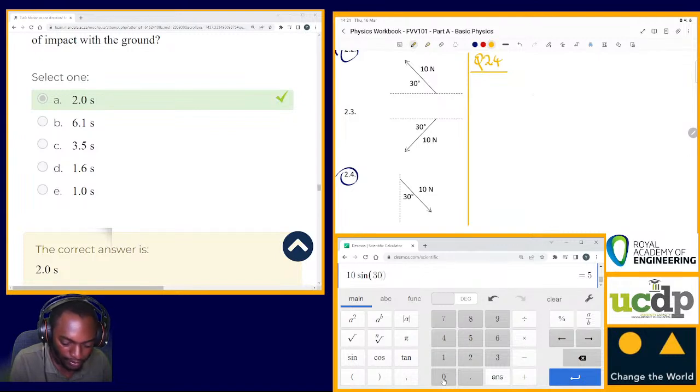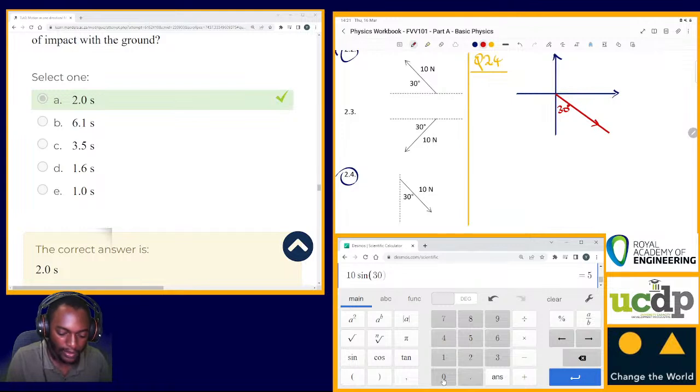Right, so I put a sketch of our axis. And we are in this quadrant now. Okay, and we have got this angle 30. All right. So we can close there.